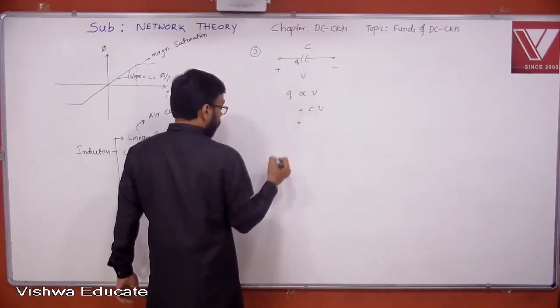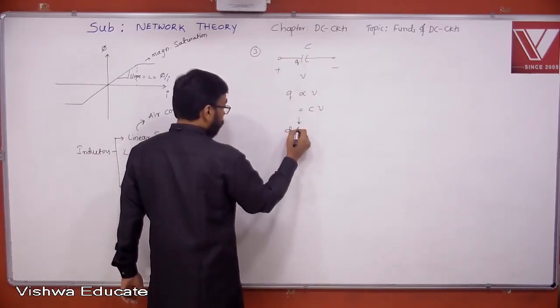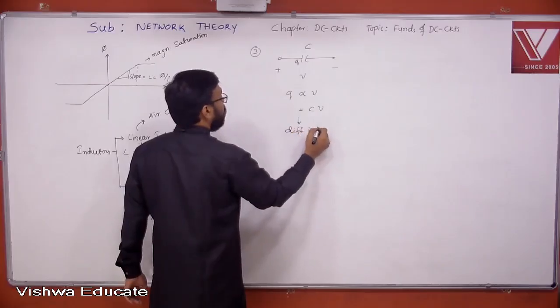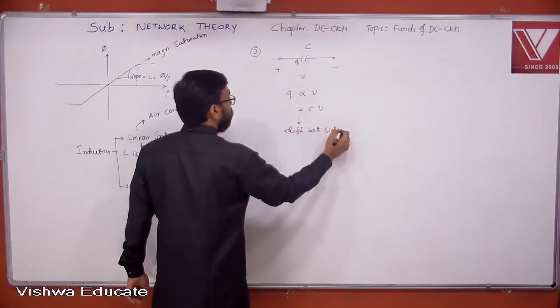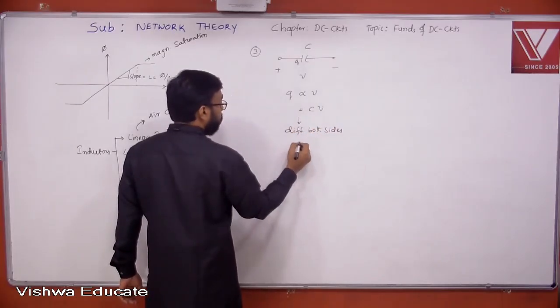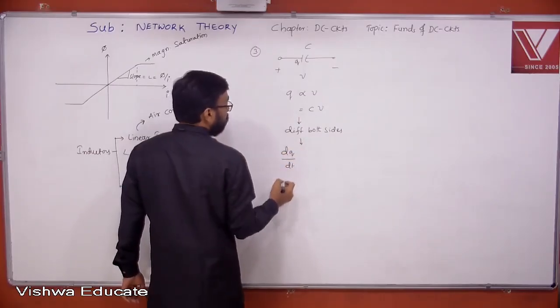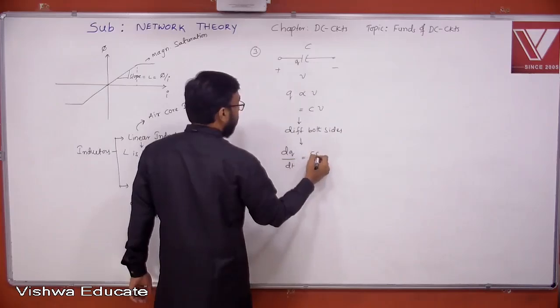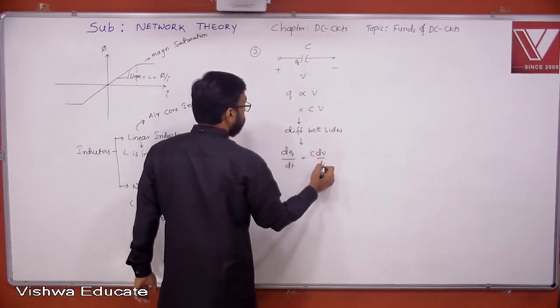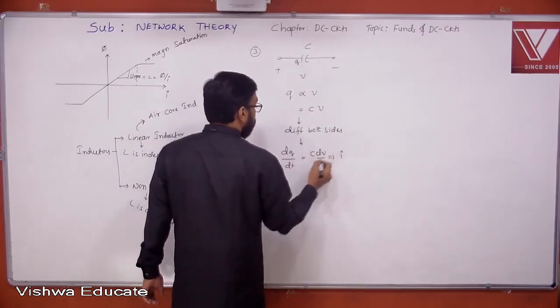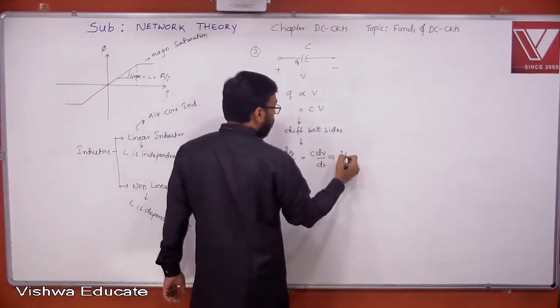Now, differentiating both sides, dq by dt is equal to C dV by dt. Time rate of change of charge is nothing but current.